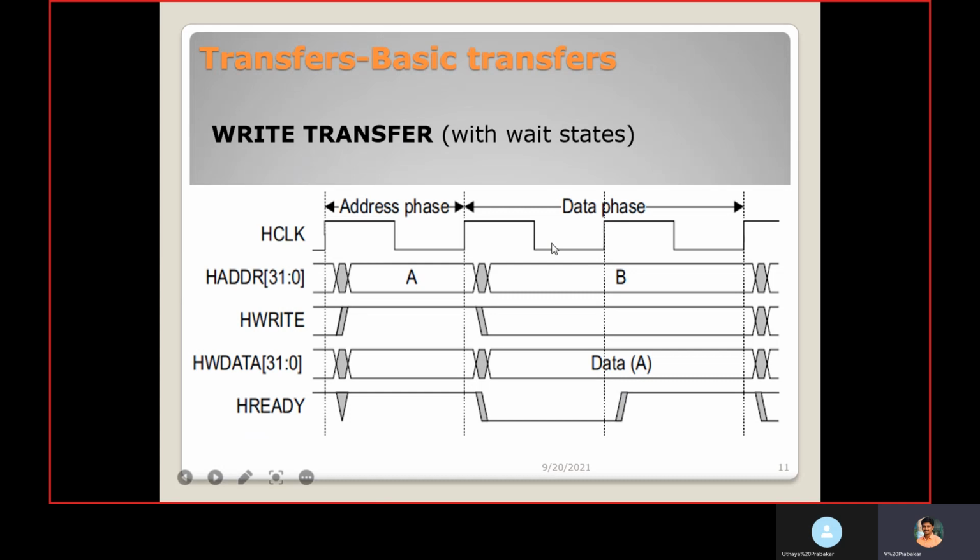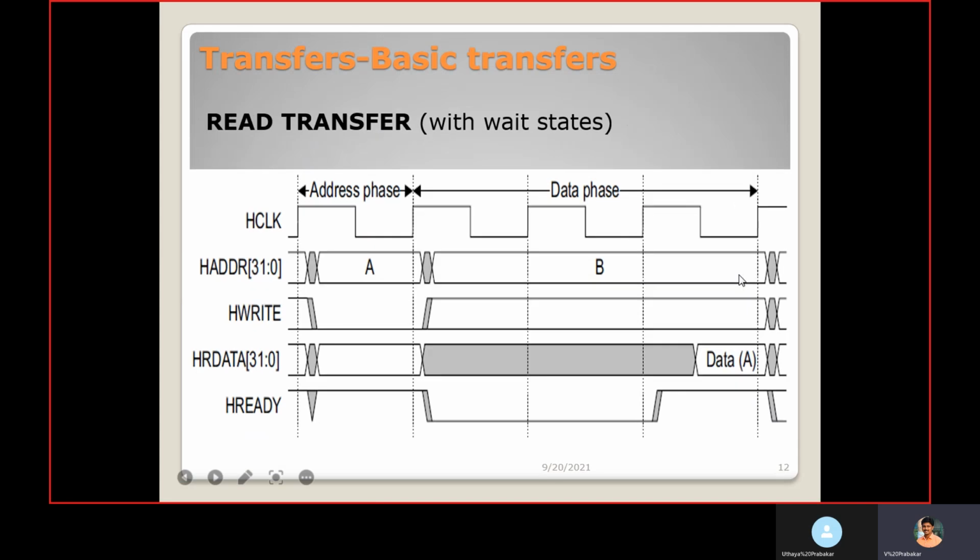Now if you see in the data phase at the passage of clock, this HREADY is 0. So the master will extend this write data by one more cycle until HREADY becomes 1. So this is called a wait state. At this passage of clock, HREADY is 1. So this data will be captured and it will be assigned to the address location.